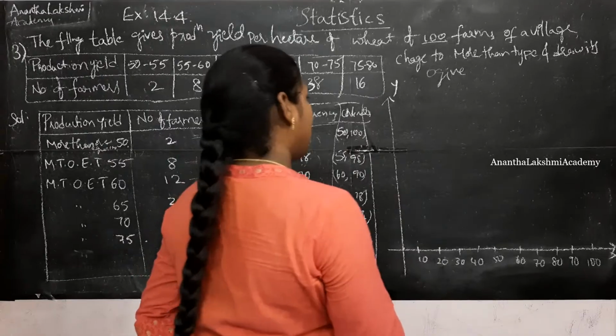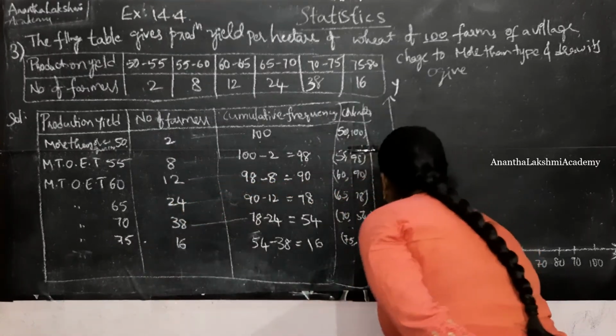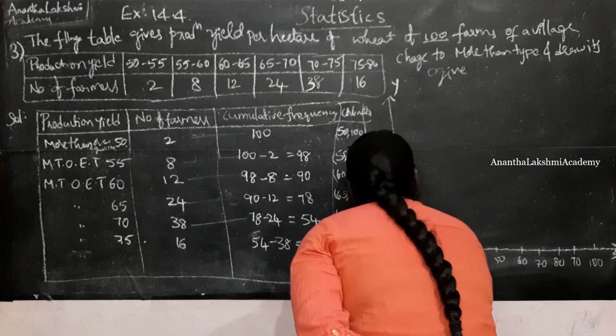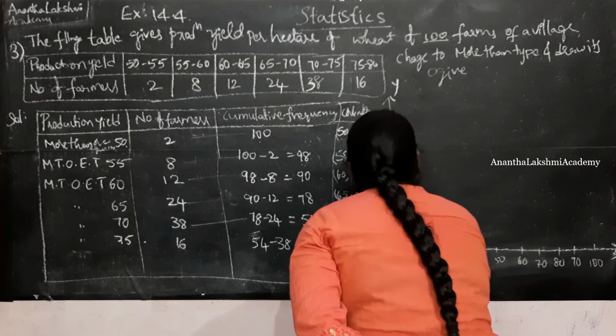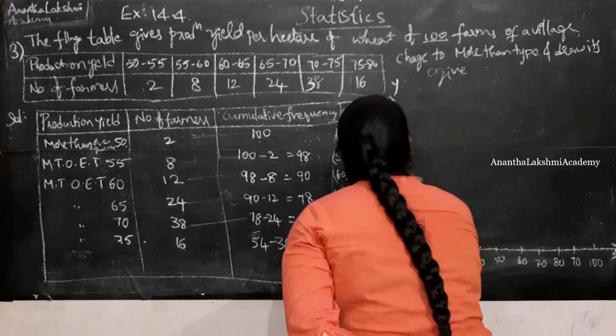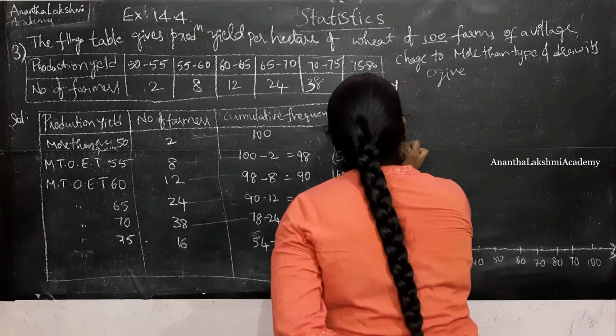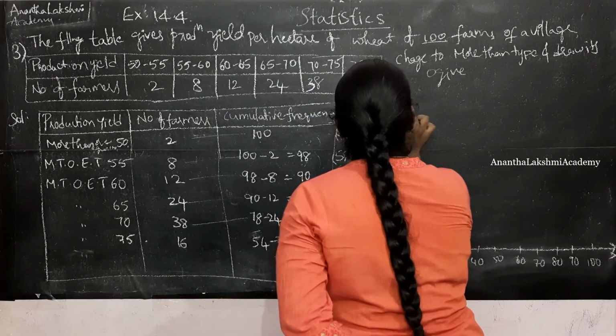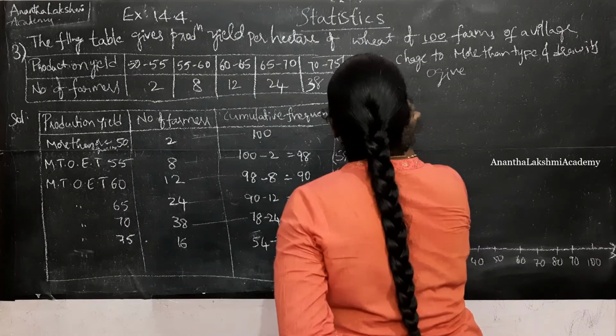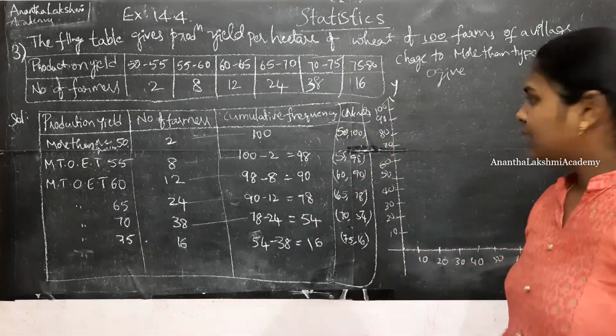On the y-axis also I am going to consider the same: 10, 20, 30, 40, 50, 60, 70, 80, 90, and 100.